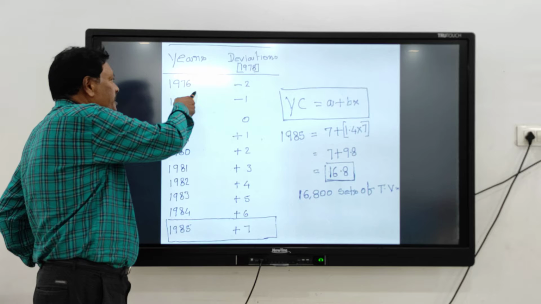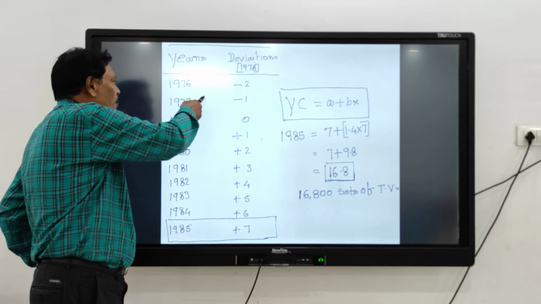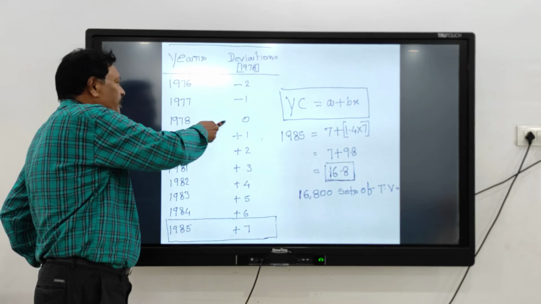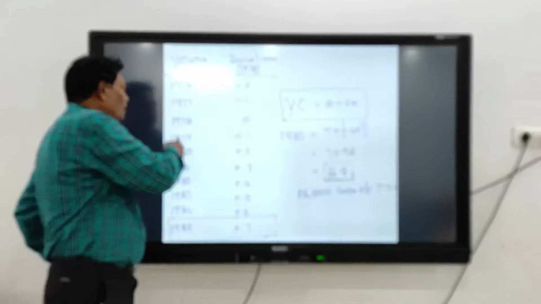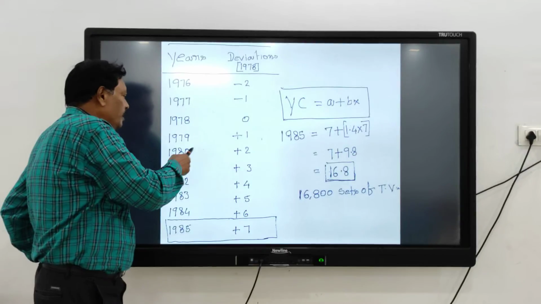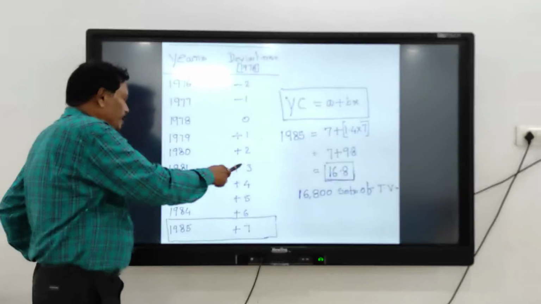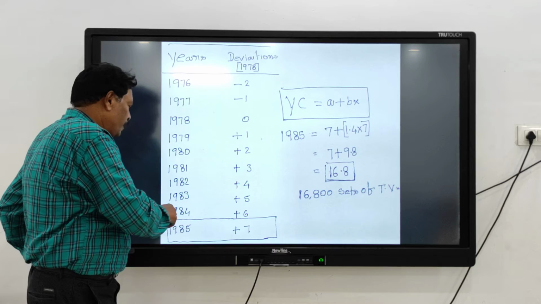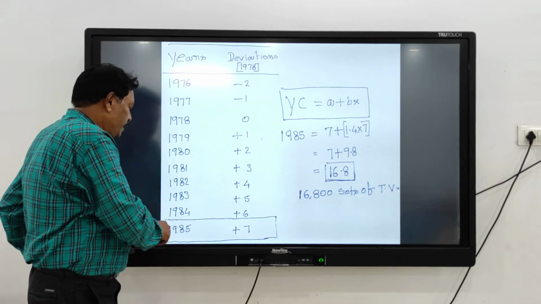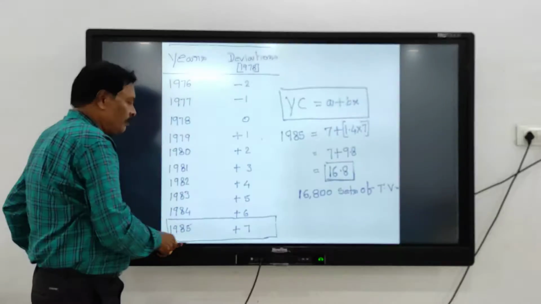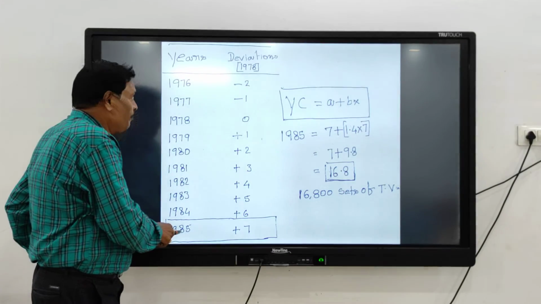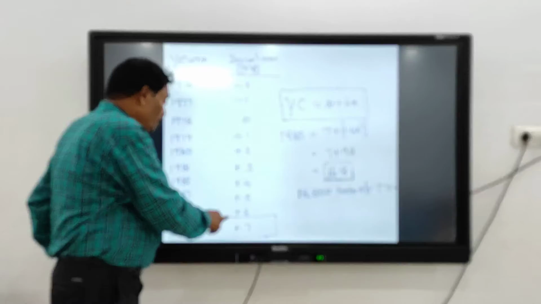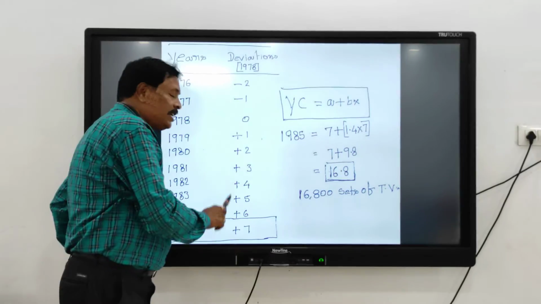For 1976, the first deviation is minus 2. For 1977, minus 1. 1978, 0. For 1979, plus 1. 80, plus 2. 81, plus 3. 82, plus 4. 83, plus 5. 84, plus 6. 85, plus 7. When you deduct 1978 from 1985, the result you will get is plus 7.